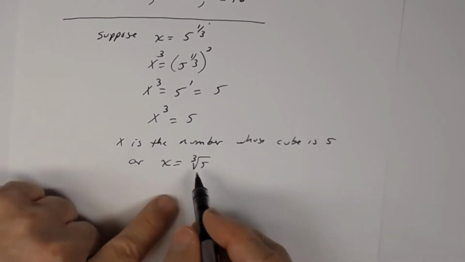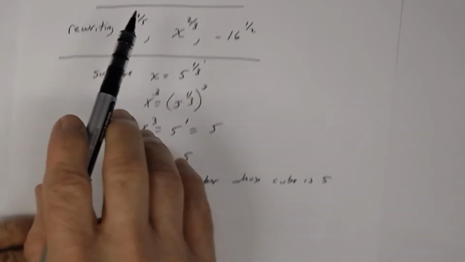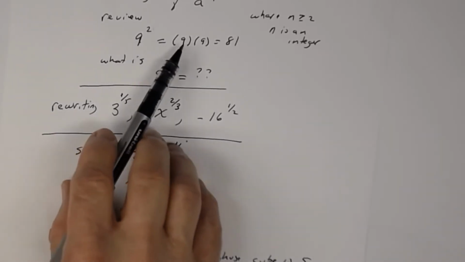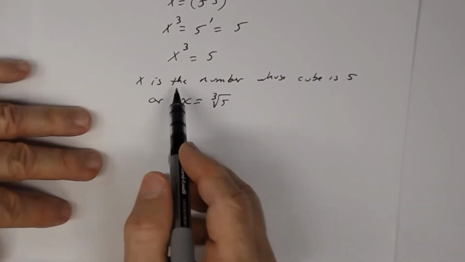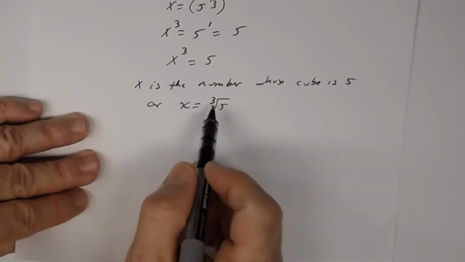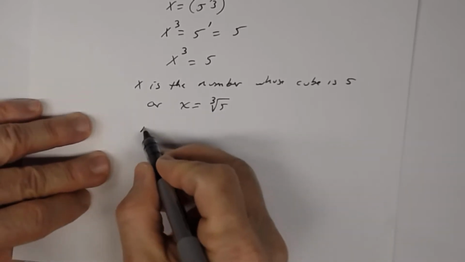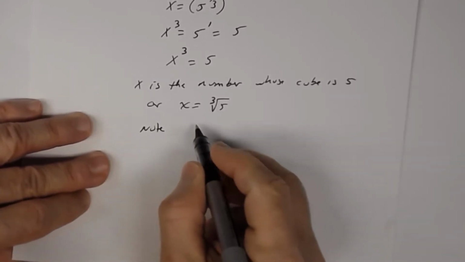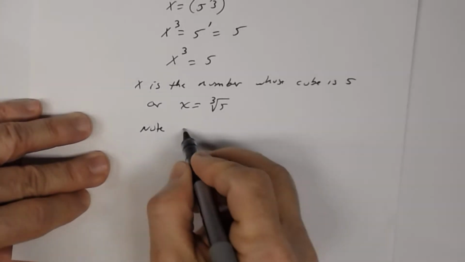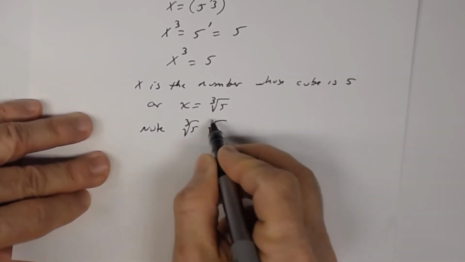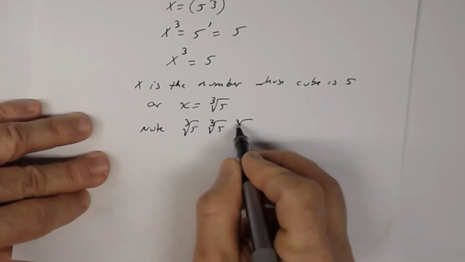Because remember, going back over here, 9 squared means 9 times 9, right? And that's 81. So do y'all agree that if I say x is this, and I multiply this by itself 3 times because I'm cubing it, the cube root of 5 times the cube root of 5 times the cube root of 5.